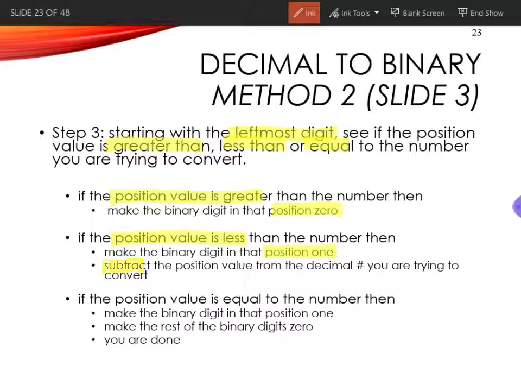and we subtract the value of that position from the decimal number that we are trying to convert. If the value of the position is equal to the number that we have, we make the binary digit in that position 1, and we mark the rest of the binary bits to the right as 0.